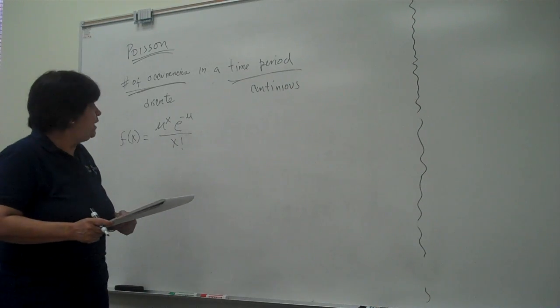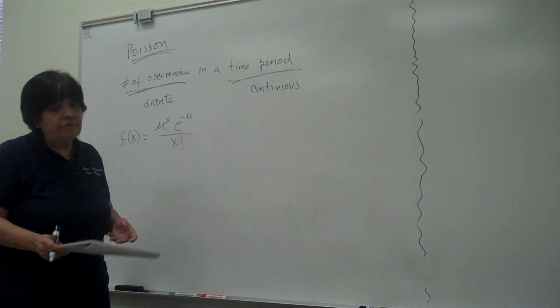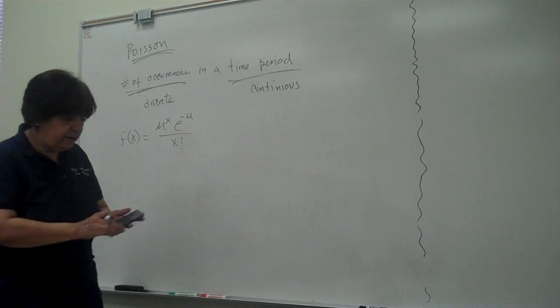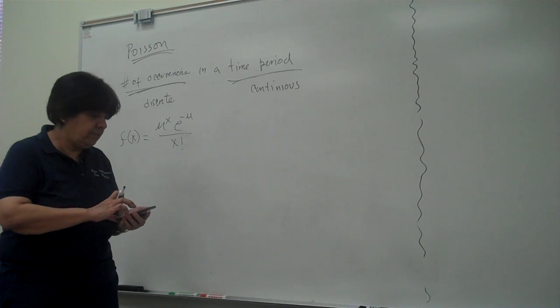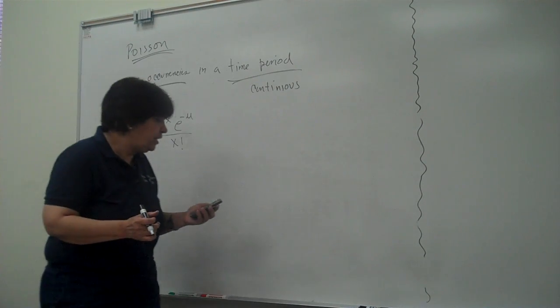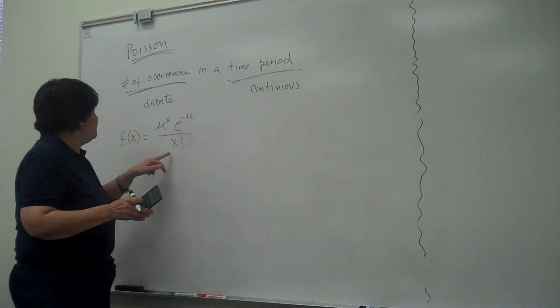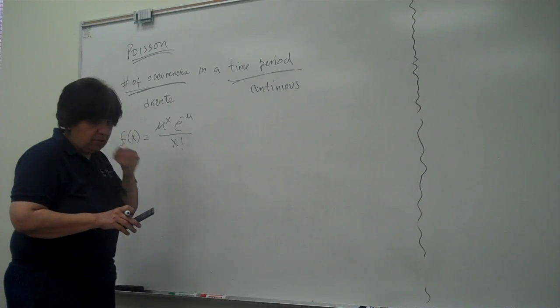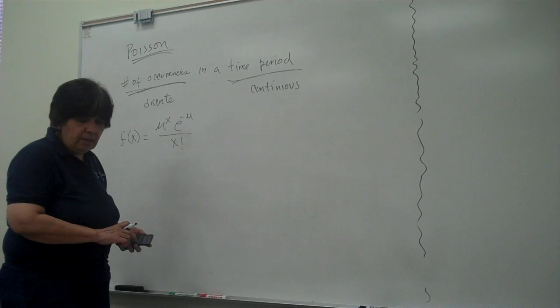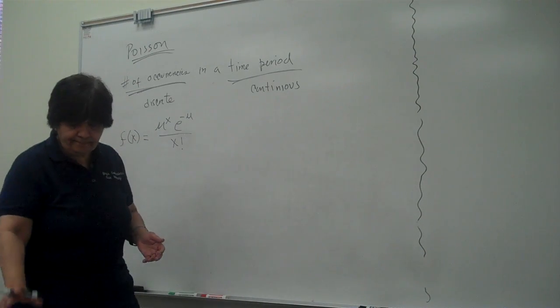And of course, e is in your calculator, and e is equal to 2.71828. x factorial is whatever we are considering, and so on. So that's it.